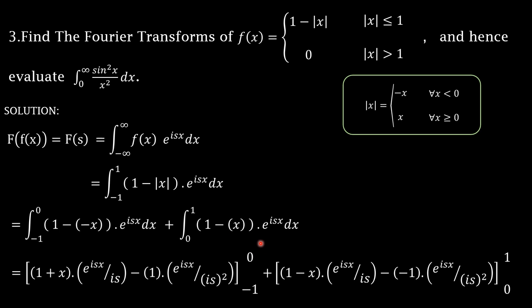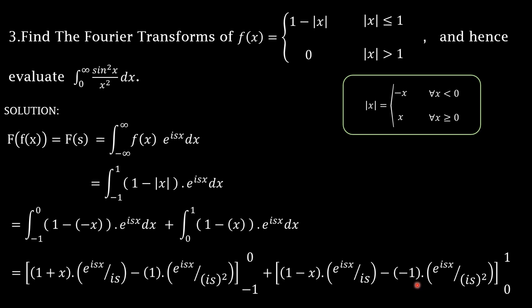evaluating the second integral using Bernoulli's rule by choosing the first function as 1 minus x. So 1 minus x into integration of second function, that is e to the power isx by is, minus differentiation of 1 minus x.